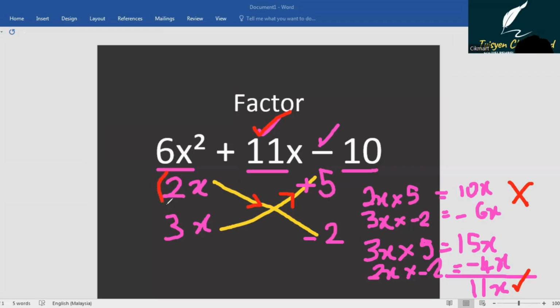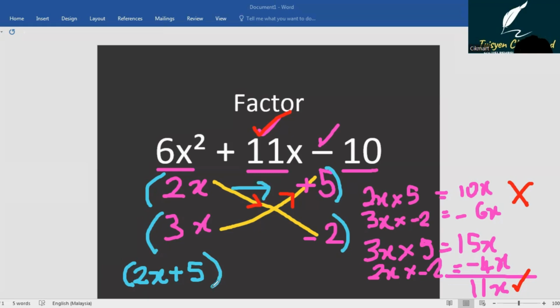So you can choose from here then. This is going to be the right answer. I use this blue one, like this. So easily we can break it down here. The first row, 2x plus 5, close bracket, and the one down here, 3x minus 2.